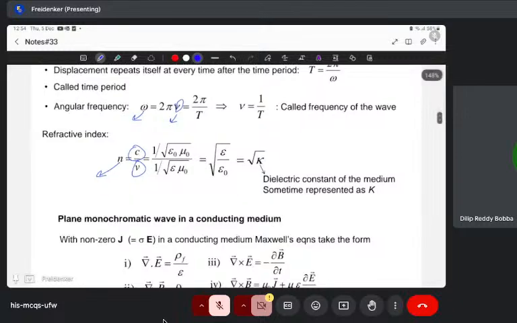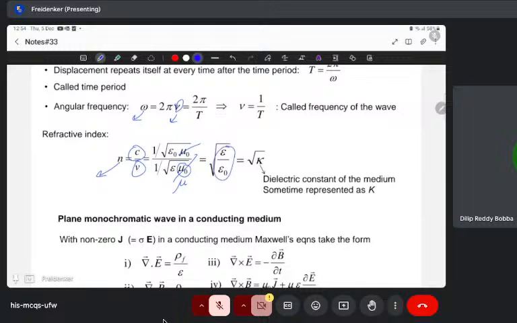Now, speed of light in a medium, you could have a different permeability, but the difference is so small that it's almost equal to mu naught. So that's why they're cancelling this. So essentially, you'll get this.